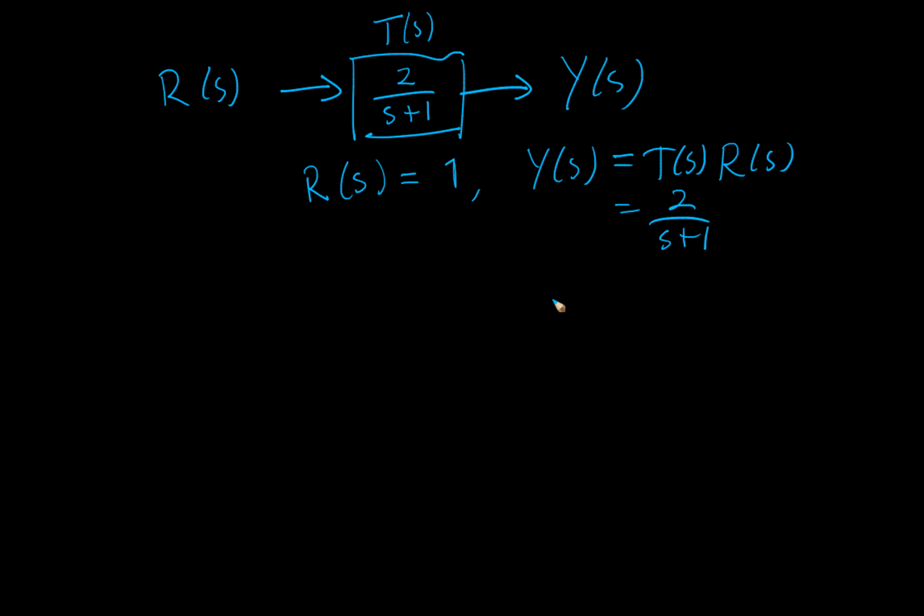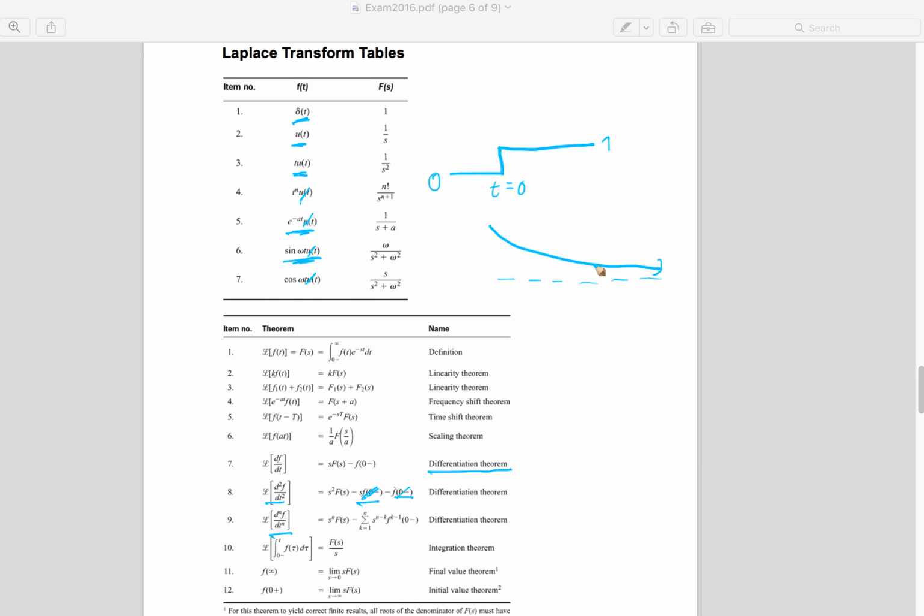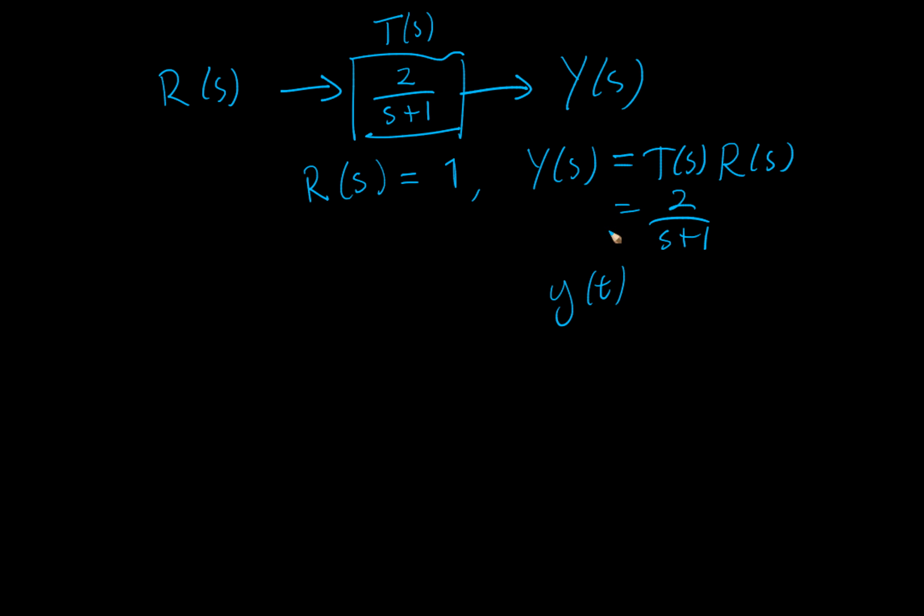And then if we look at the inverse Laplace transform to get back to y of t, again we've got something of this form, but now we've got a positive a here, and we've got a 2 there, so the 2 we just take out the front, and we've got e to the minus t.